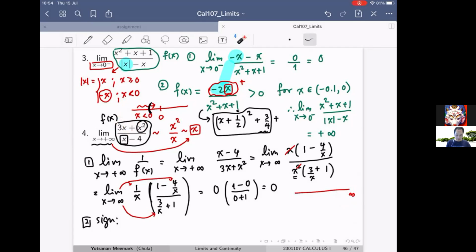But the problem is right there, x minus 4. So your x minus 4 will be positive if the x goes beyond 4, right? So by going to infinity, it needs to go beyond some number, okay? And this number is the one that will determine your sign, okay? Only one side for your function.